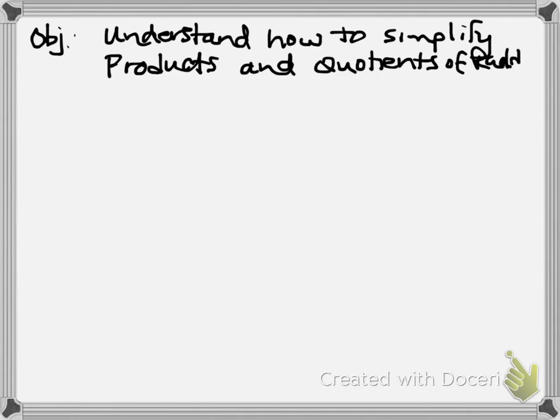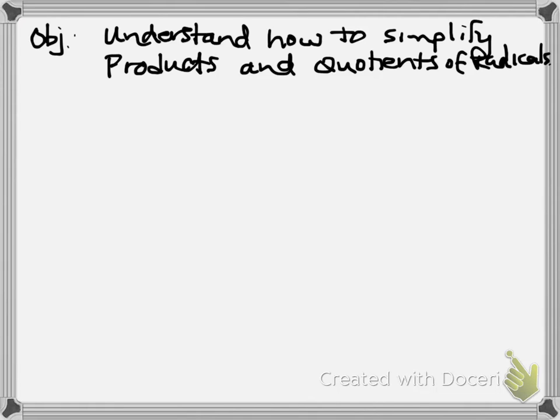So embedded in that title is I'm going to teach you how to multiply with radicals. I'm going to show you how to divide with radicals, and then I'm also going to show you how to make sure that you've reduced everything that needs to be reduced.